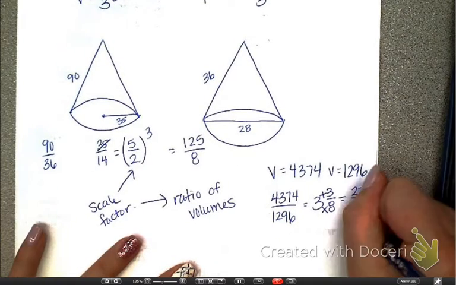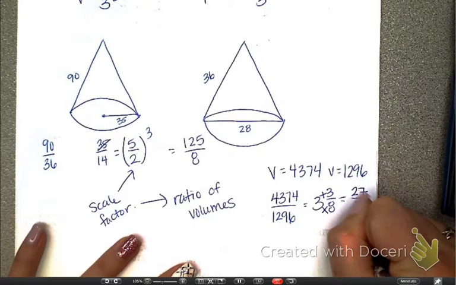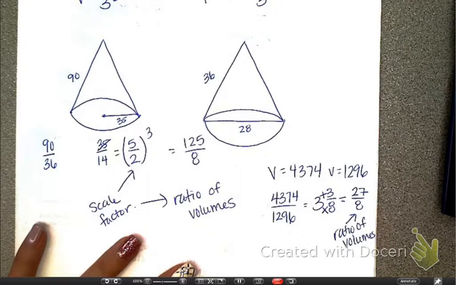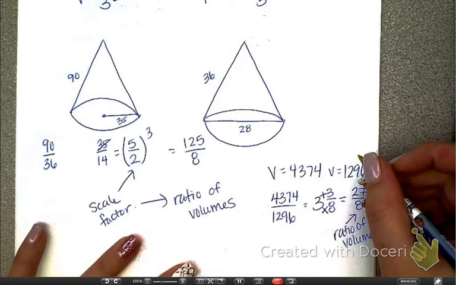This right here is the ratio of volumes. I want the scale factor. Kind of. How do I find that? What do I need to do? I think I heard EJ say it. Cube root.